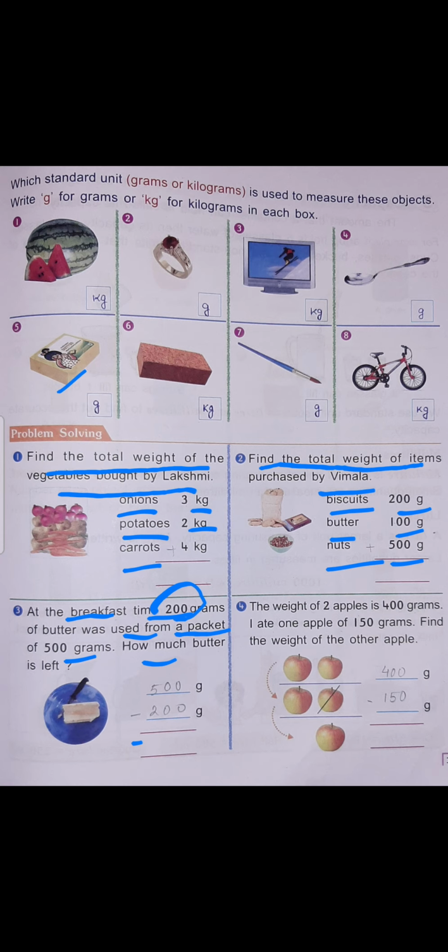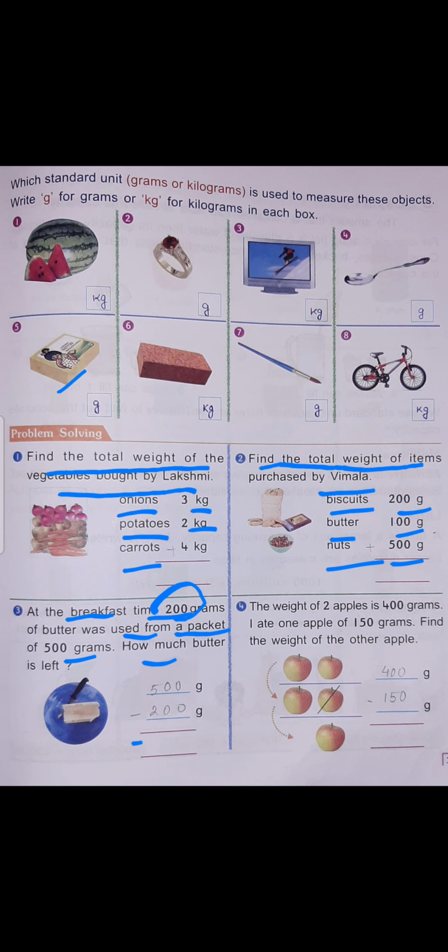Likewise, number 4. The weight of 2 apples is 400 grams. I ate 1 apple of 150 grams. So 1 apple contains 150 grams. There are 2 apples, right? So find out the weight of the other apple. As simple as that.